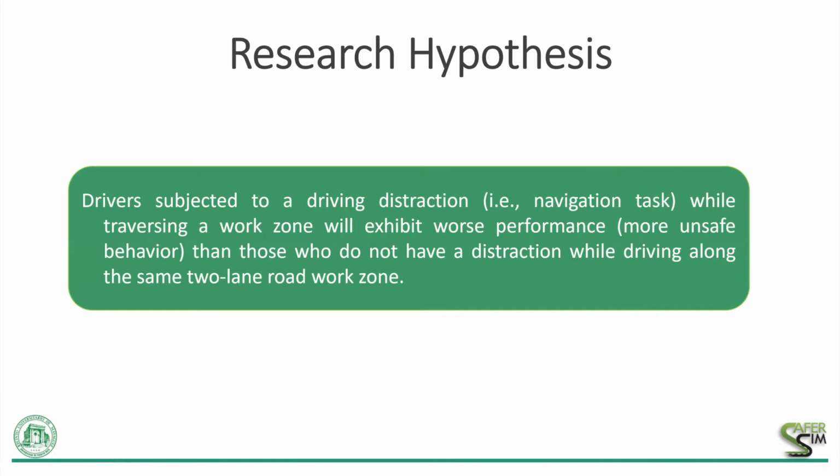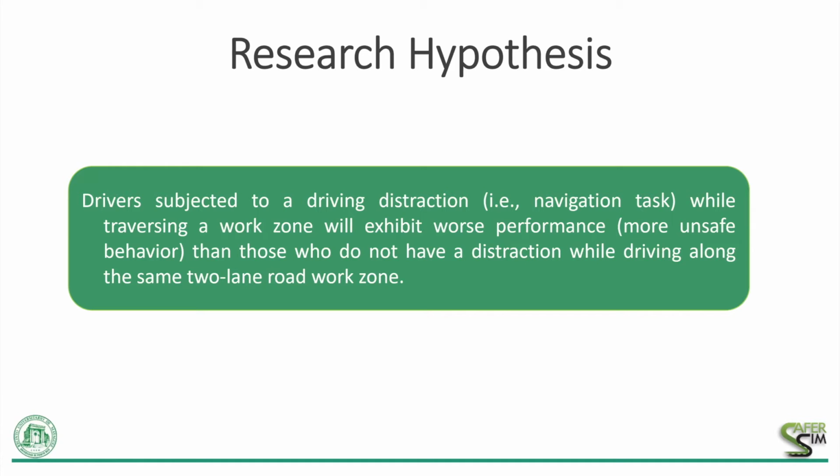And our research hypothesis is that when drivers are subjected to a driving distraction, so a navigation task in our case, when transiting a work zone, they will exhibit worse performance, in other words, unsafe behavior, than those who do not have a distraction while driving.